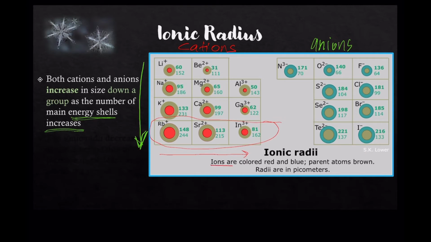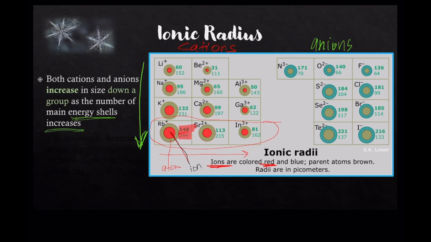The ions for the cations are in red, and the parent atoms or the neutral atoms are in brown. So this outline right here is the atom. The central part, the red dot in the middle, that's the ion. You can see the atom has a radius of 244 picometers versus the ion is 148 picometers.